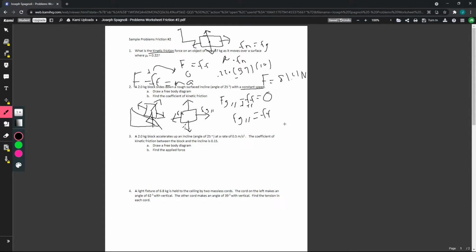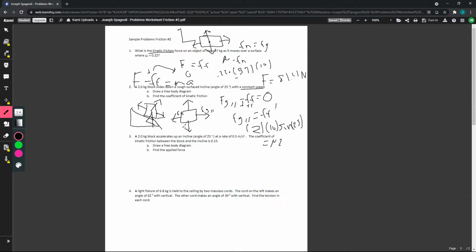Now from here, it's really simple. All we have to do is figure out what force of gravity parallel is, which is m, so 2, times gravity, which in our case is 10, times sine of 25, because it's force of gravity parallel. And we set that equal to mu times normal force.